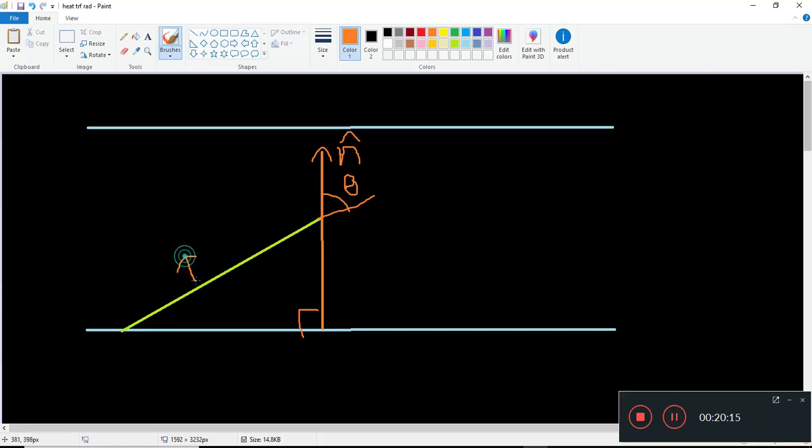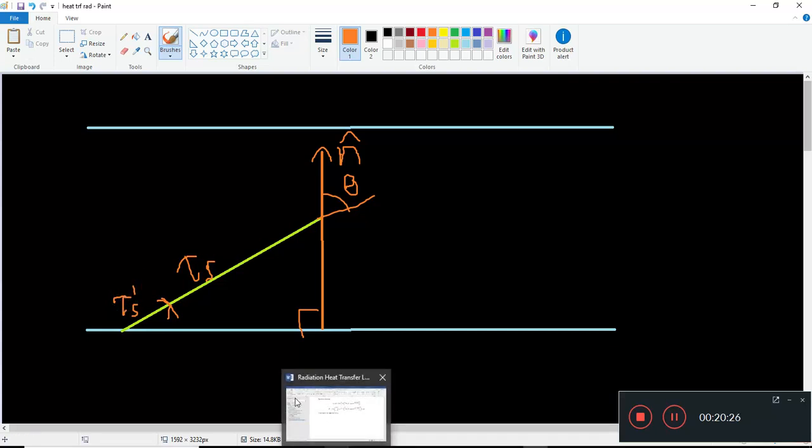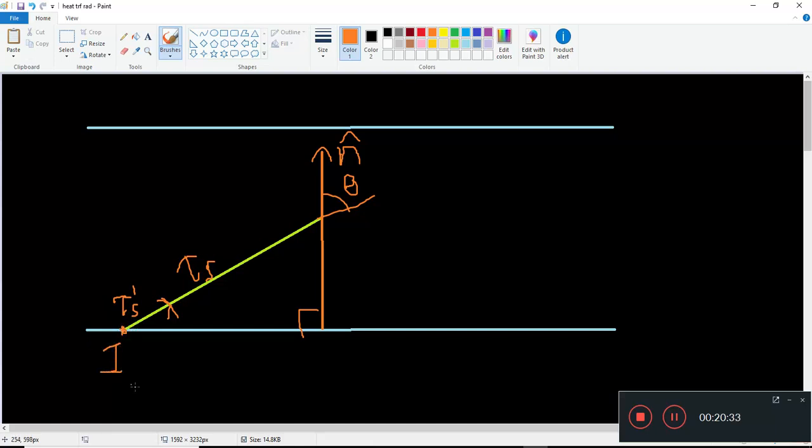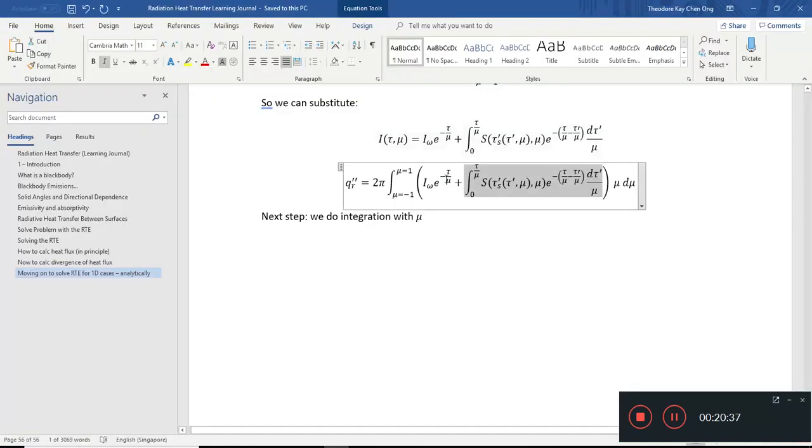So tau s will be here. Tau s prime will vary along tau s depending on how you vary it. So that's what you need to integrate. What is important? Remember, the emission, the intensity coming from the bottom plate, the initial one, we call it I omega. Then it's going to attenuate according to exponential of minus tau over mu.